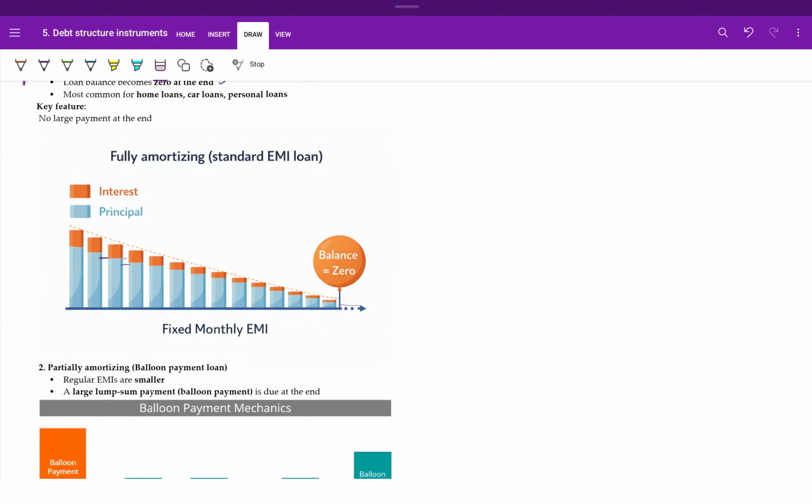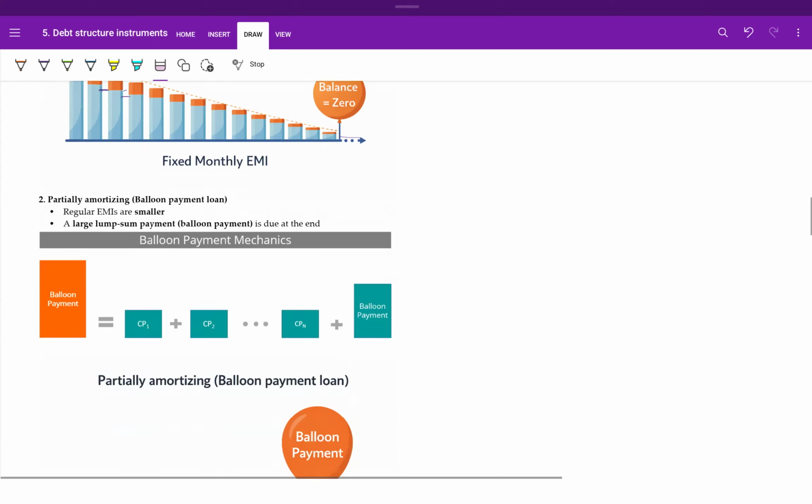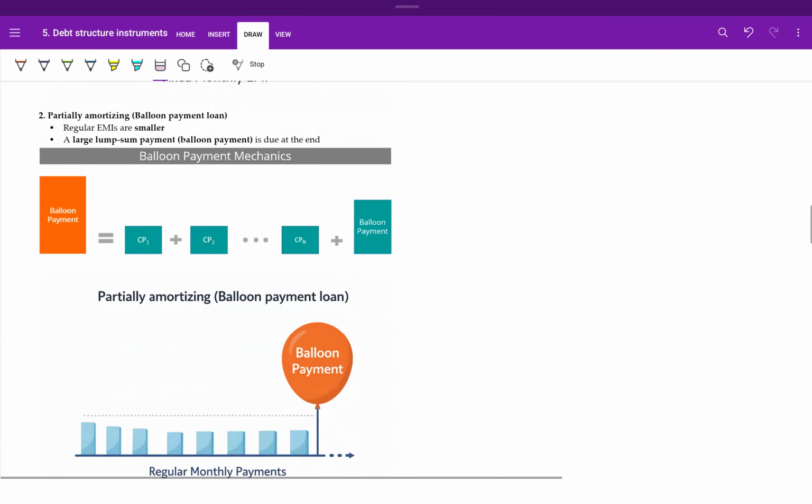Now let's talk about the partially amortizing loan, where there is a balloon payment at the end of the period. This is how the amortizing balloon payment looks. In a partially amortizing loan, the borrower does not fully repay the loan throughout the tenure using regular EMIs.